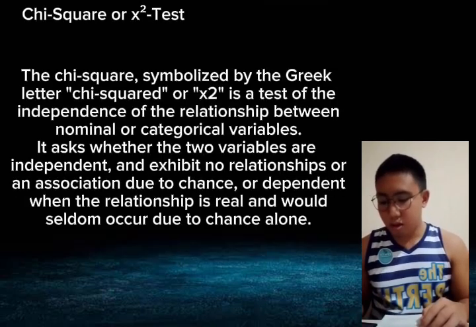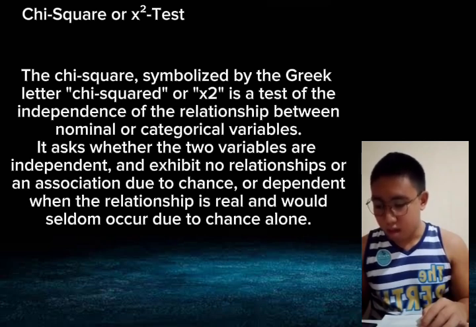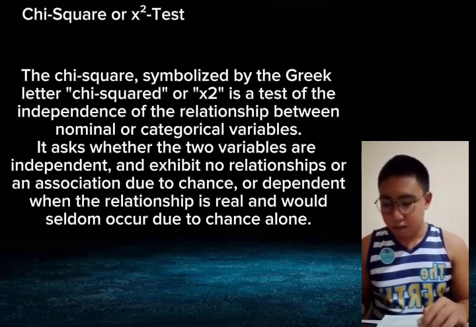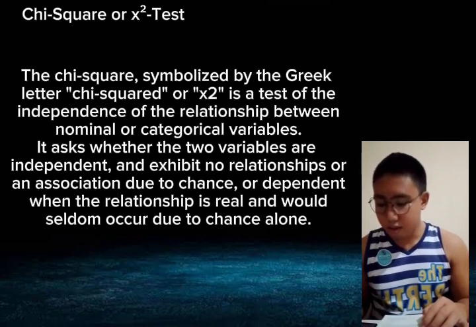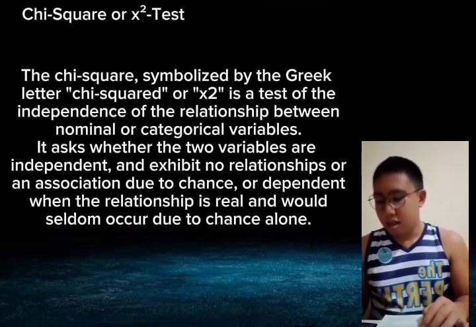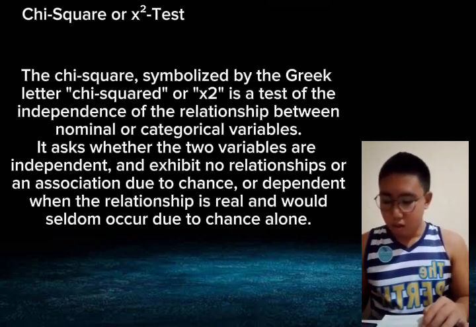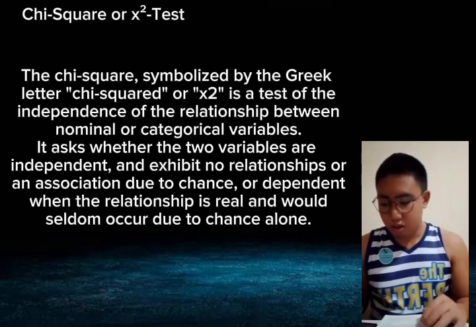Next we will go on to the chi-square or x-test. The chi-square symbolizes the Greek letter chi, squared, or x squared. It's a test of the independence of the relationship between nominal and categorical variables. It asks whether the two variables are independent and exhibit no relationship or association due to chance, or dependent, when the relationship is real and would seldom occur by chance alone.